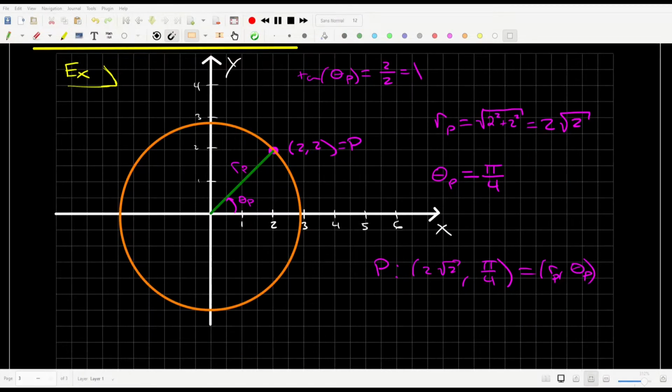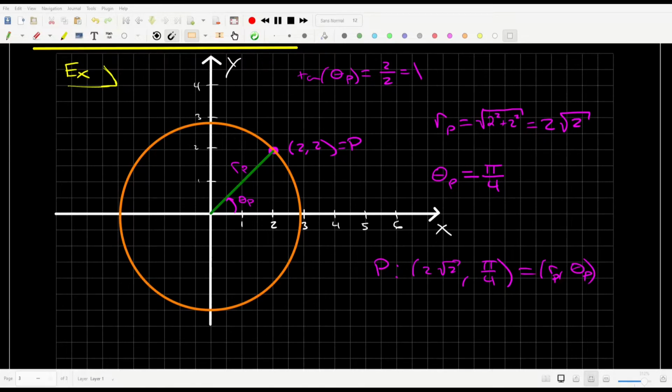So this example encapsulates the essence of polar coordinates. You can do this for any other point that you want, and you'll be able to see how to take that point and describe it in terms of polar coordinates. The point here is that we can do this for any point x comma y, any point in two-dimensional space.